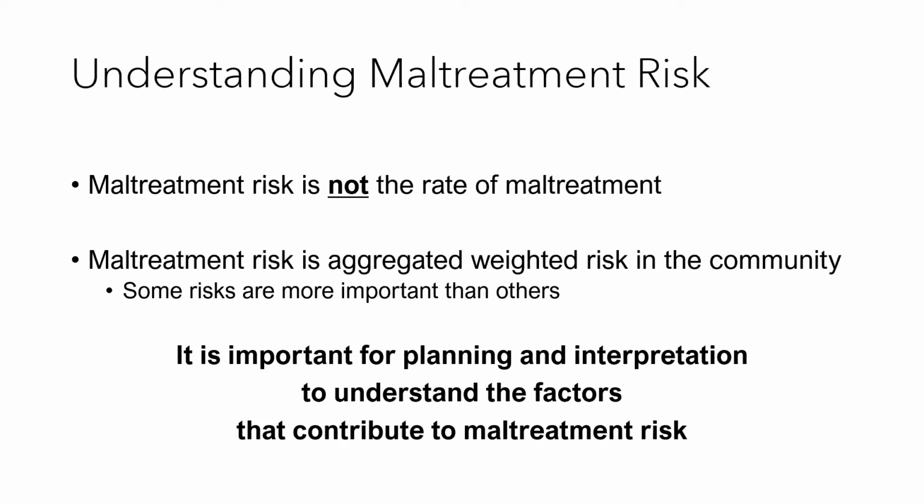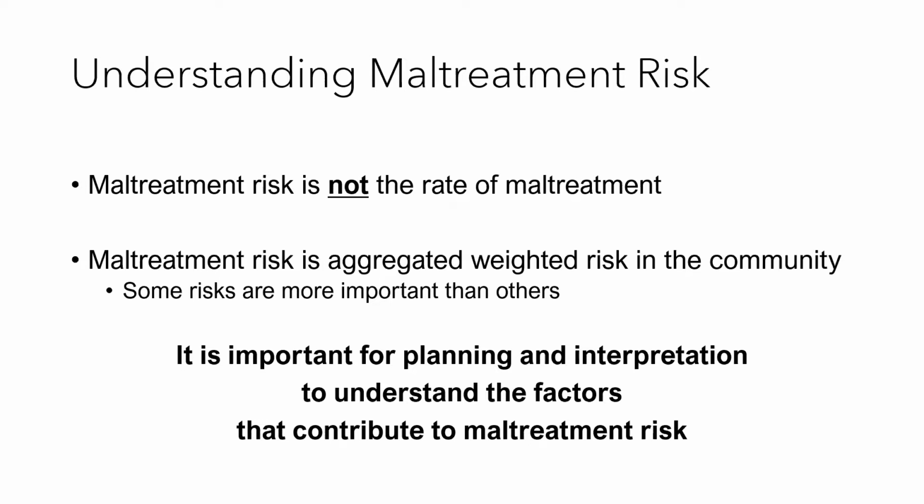This is no longer a CPS issue. This is an issue of prevention. We want to keep kids out of CPS. And so we want to talk about, well, what are the risks that are in that community that lead to a higher maltreatment concentration within those communities.